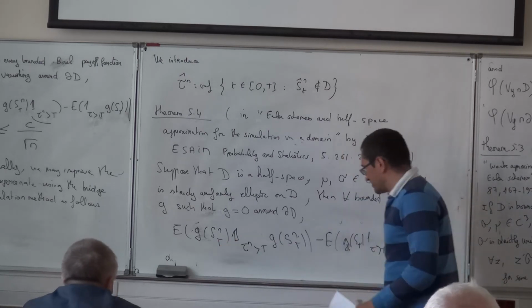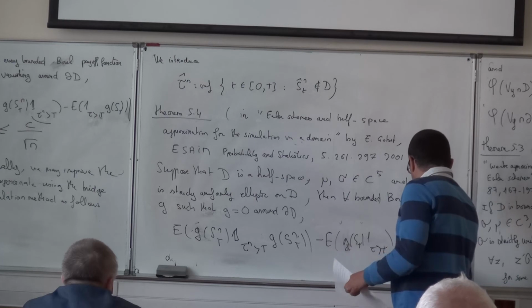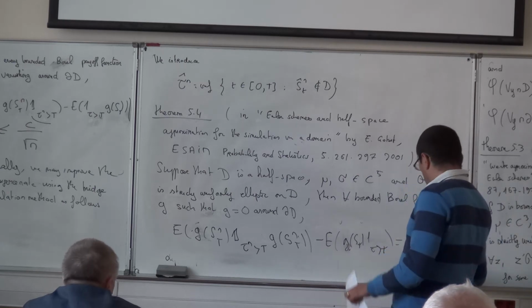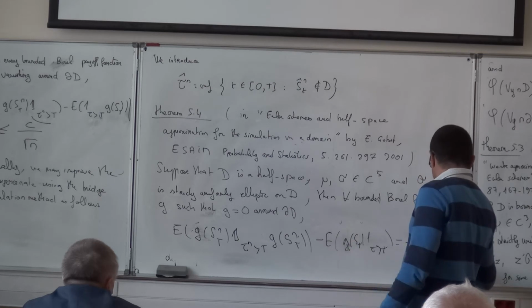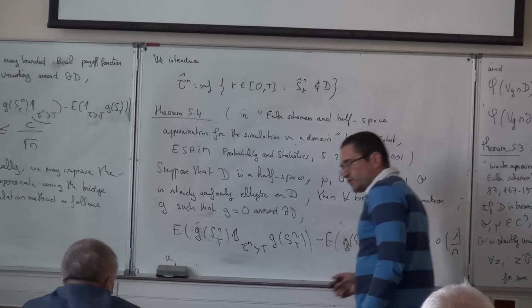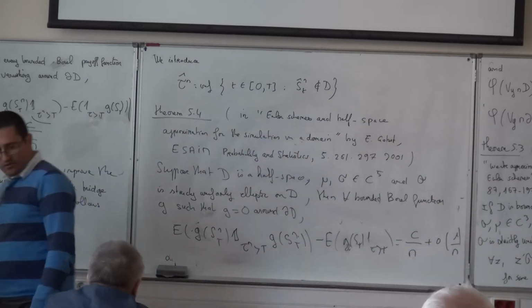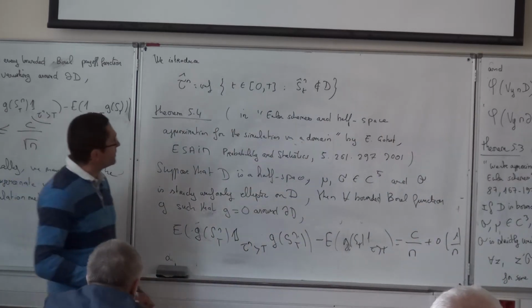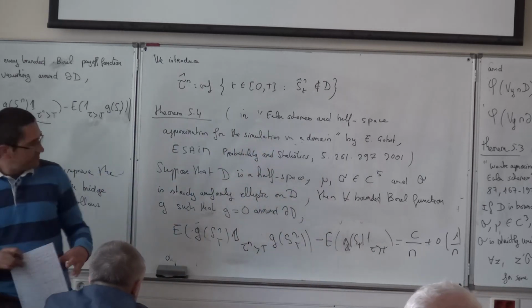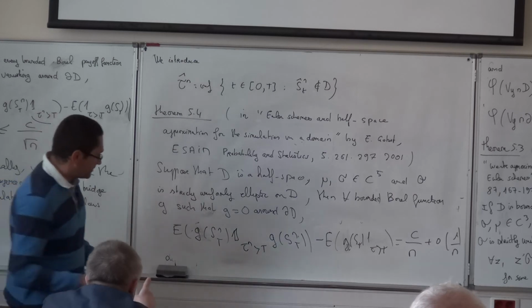This approximation is equal to some constant independent of n over n plus something which is negligible. So in this case, of course, we prove the convergence, that is, we get 1 over n instead of 1 over square root of n.